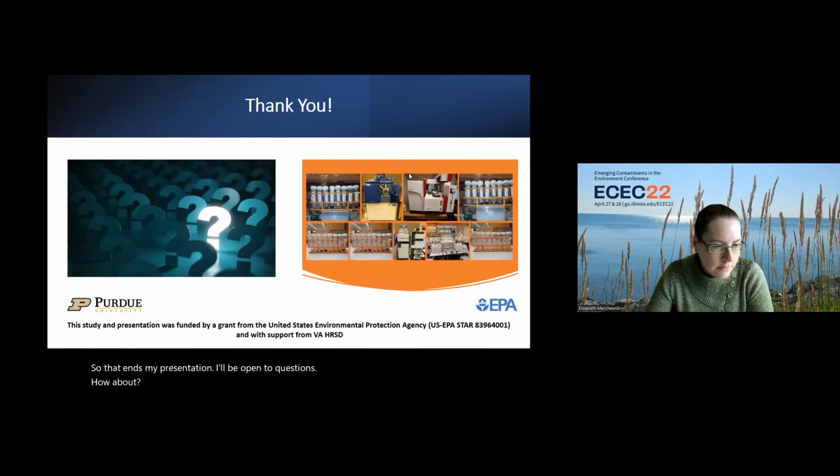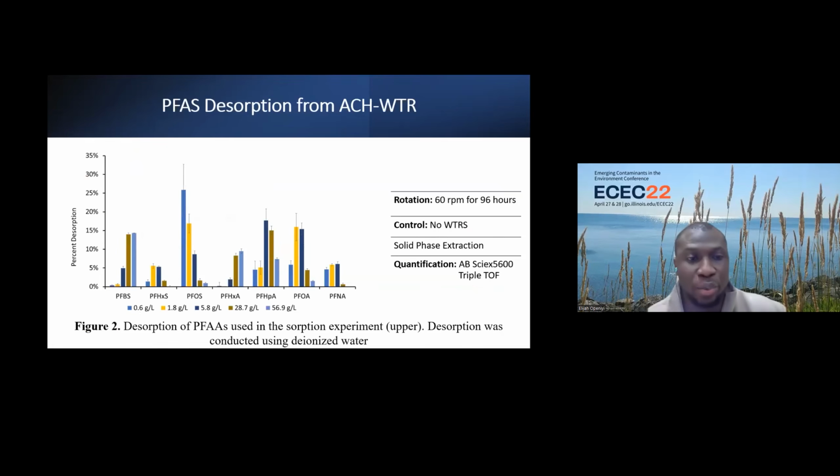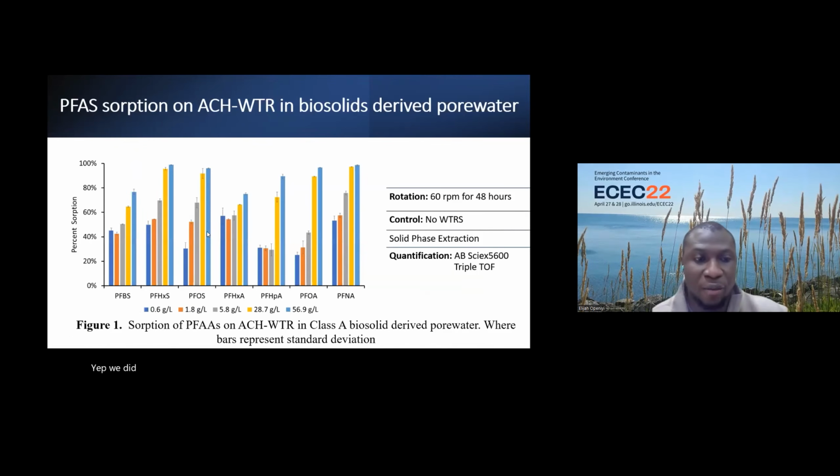While people are thinking, I'm not a PFAS expert, so I was wondering if you had tested PFAS with side chains as opposed to just a straight chain. Yeah, we did that for some of our compounds like PFOS and PFHxS; both the linear and the branched chain were checked.